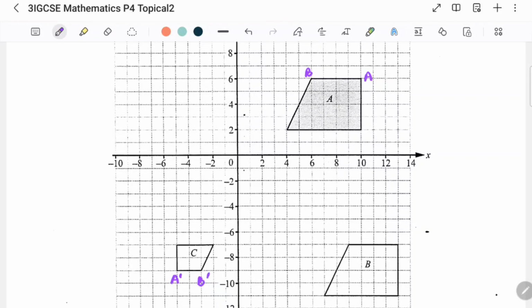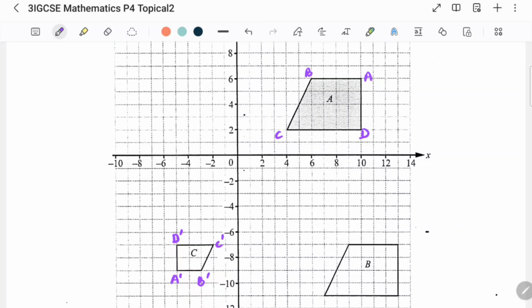Now I'm taking A, B, and then this one is C, so obviously this is C prime. And the larger line is D, so the larger line's image is D prime. For this question you'll have to be careful in naming and then joining the correct corresponding points, the object with the image.